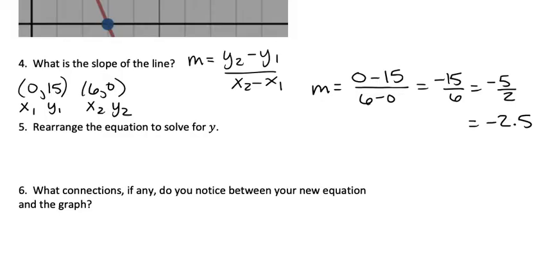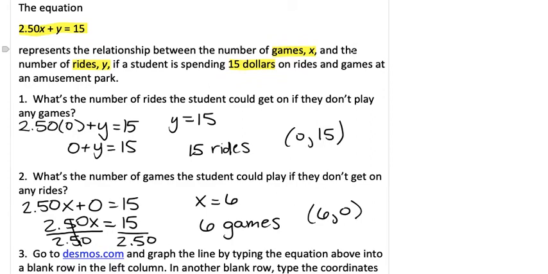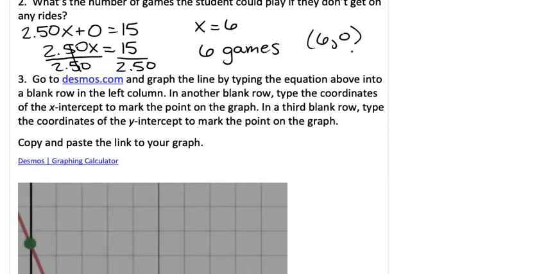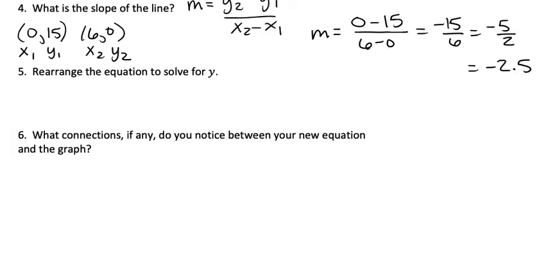Question 5 says to rearrange the equation to solve for y. So my equation, going back up here, was 2.50x plus y equals 15. Now we want to get y by itself. The way that we would do that is by moving the 2.50x to the other side.